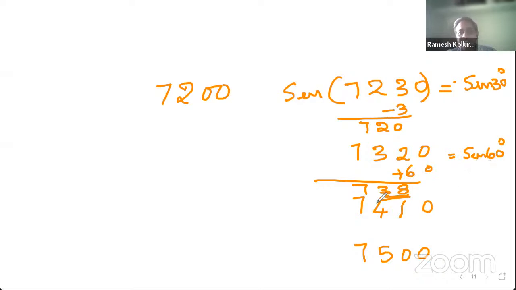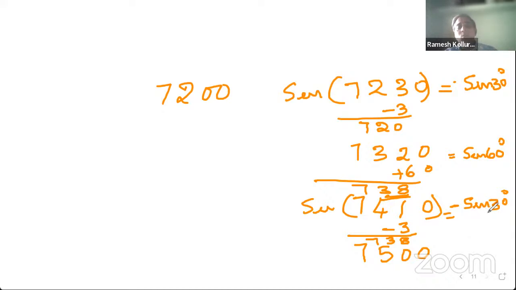So it is sine 60. Odd means minus 30, minus 3. It is 738. Again, 38 is not divisible by 4. If it is not divisible by 4, second quadrant, minus means 30, sine 30. But actually it is minus sine 30.